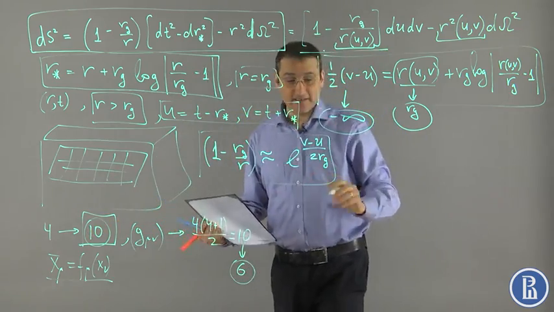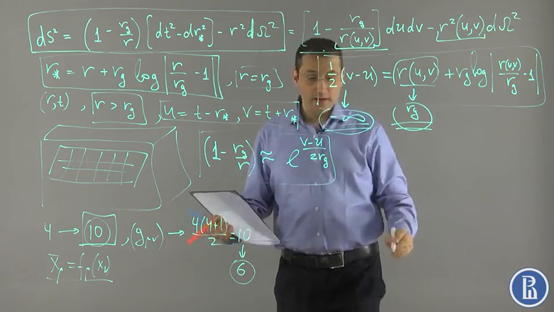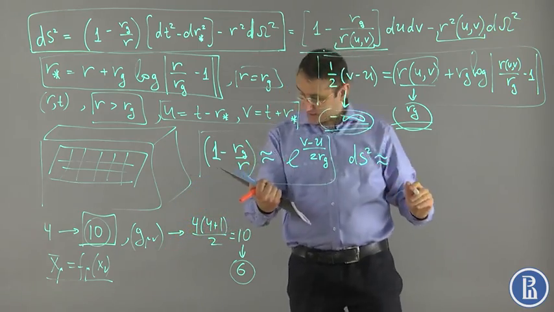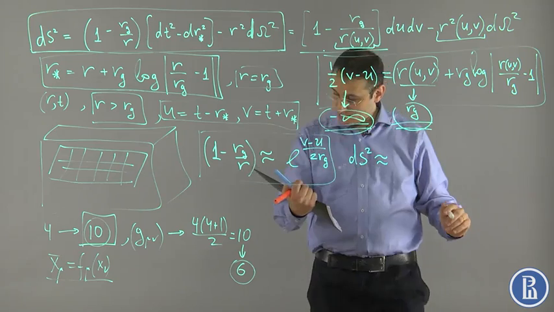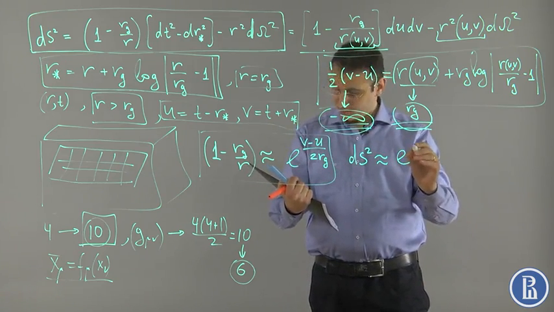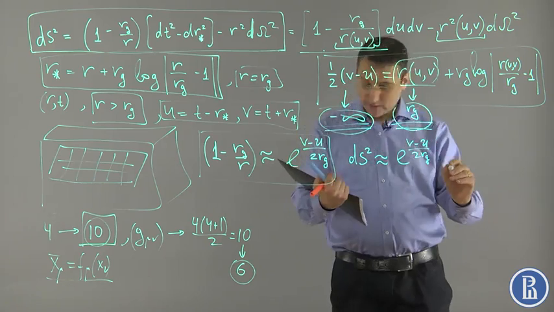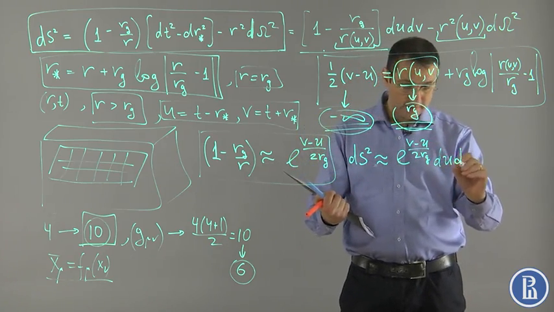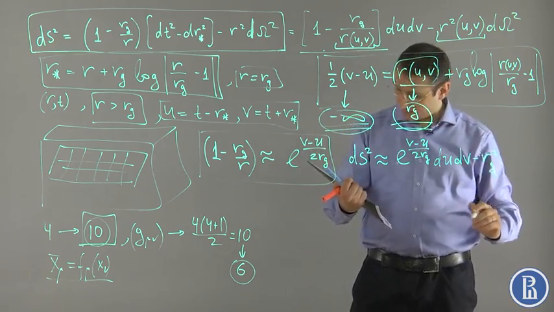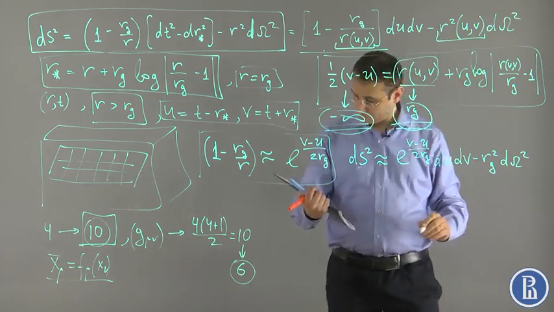In the vicinity of this point, the metric is approximated like this: it is exponent of v minus u divided by 2rg du dv minus rg squared d omega squared.